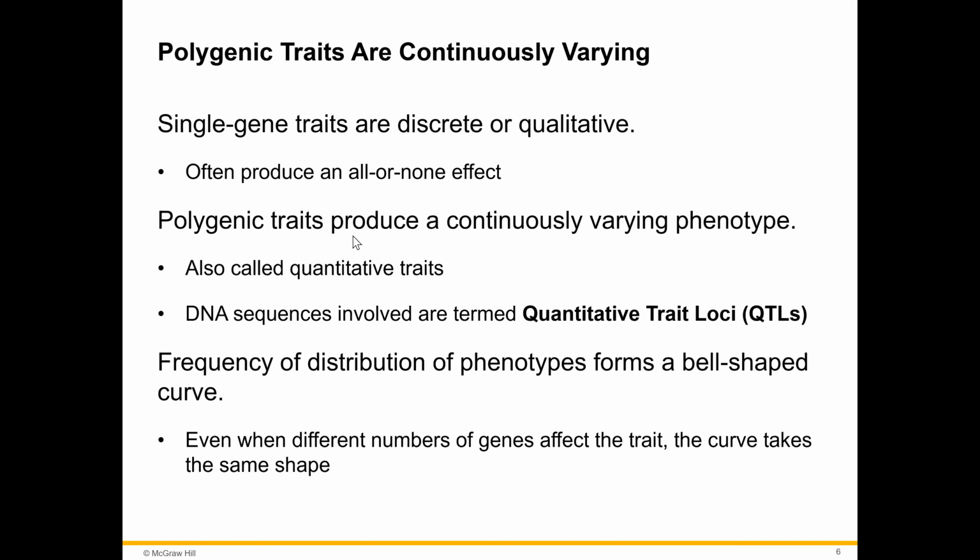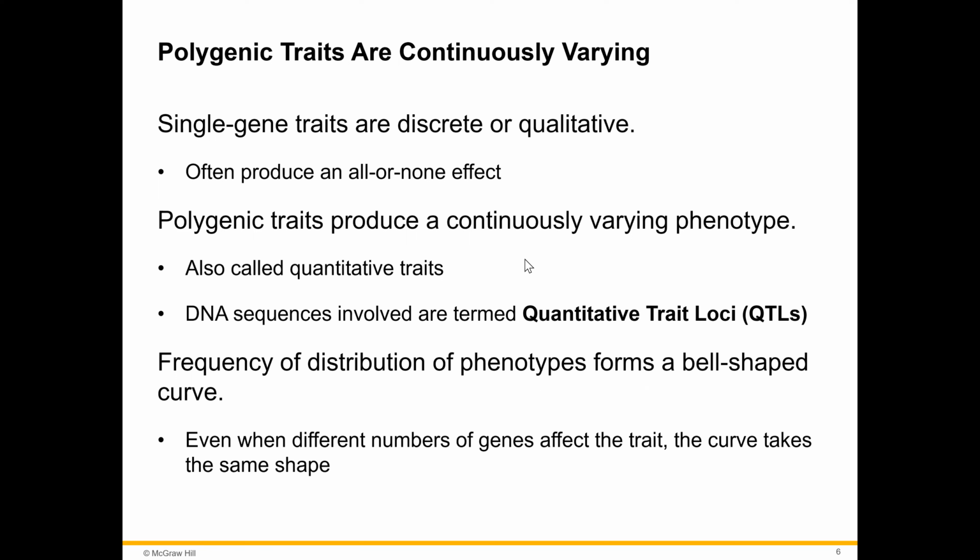Now, polygenic traits produce a continuously varying phenotype, also called quantitative. So not qualitative, but quantitative traits. DNA sequences involved are termed quantitative trait loci, or QTLs. Frequency distribution of phenotypes forms a bell-shaped curve. Even when different numbers of genes affect the trait, the curve takes the same shape.